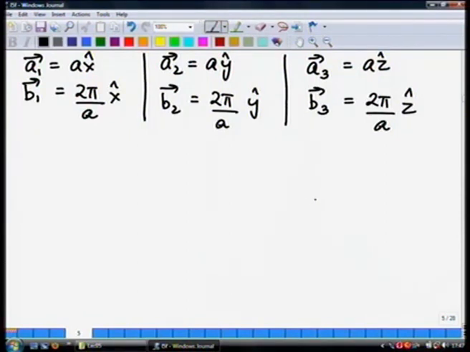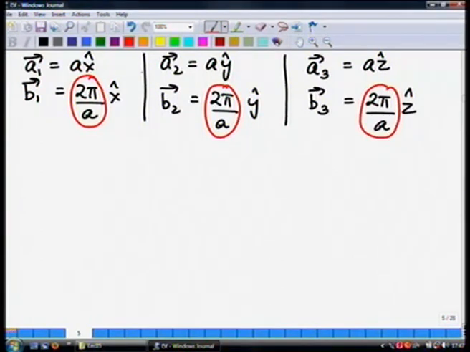So, now you can see by analogy what kind of lattice it represents in reciprocal space. Just like A1, A2, A3, B1, B2, B3 are 3 vectors, and they have the same form as A1, A2, A3, except instead of a, now in front we have 2 pi by a.